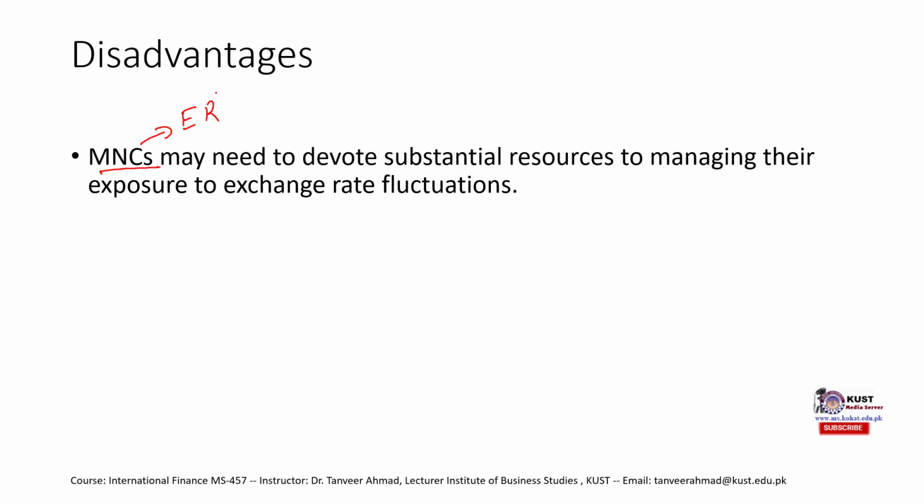But in free float they would have an exchange rate risk, and they would have to devote substantial resources to manage that risk, right? They would have to hire risk managers. They would have to maintain certain capital to absorb that risk, right?